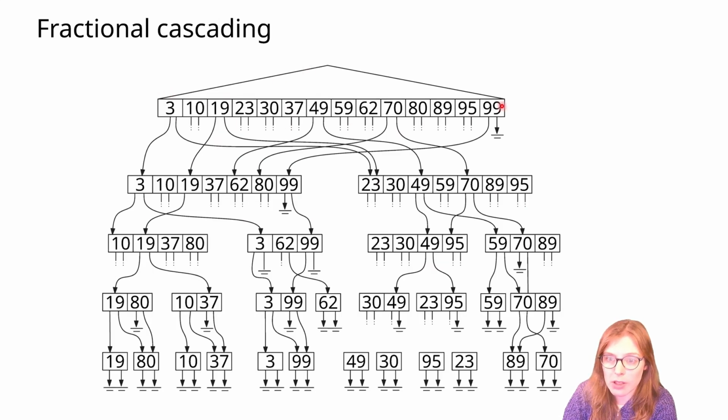On the set of y coordinates on the top level, we will build a binary search tree, but at each next level, we are going to maintain the subset of the y coordinates in sorted order, in a sorted list, and use the pointers between the levels to connect each value to itself in the next level if it exists, or to the successor of that value in the next level if the value does not exist in the next level.